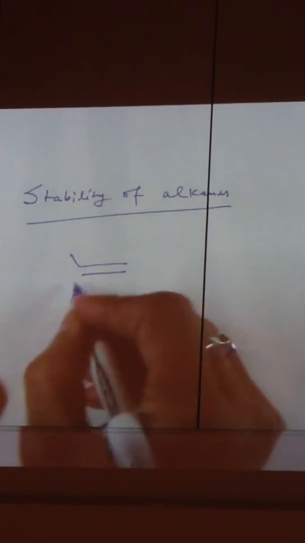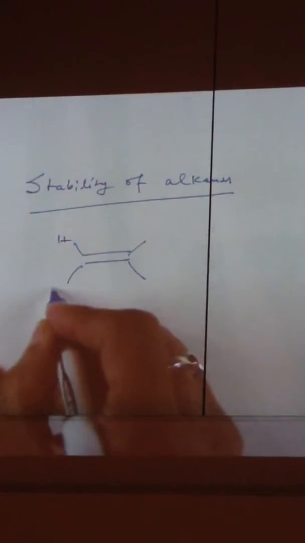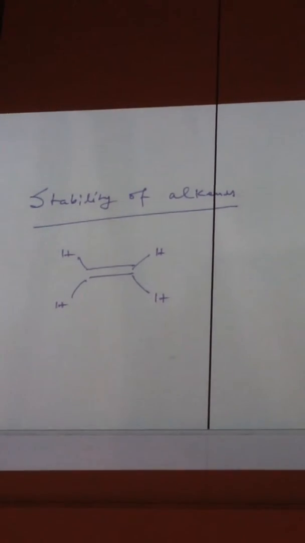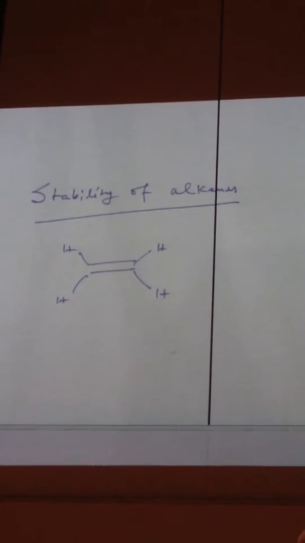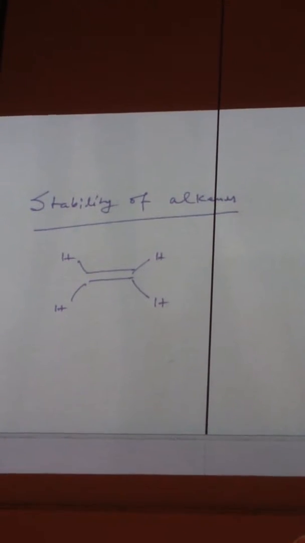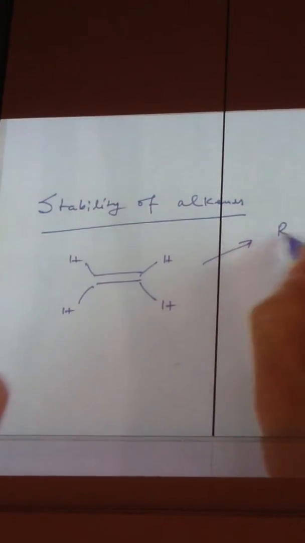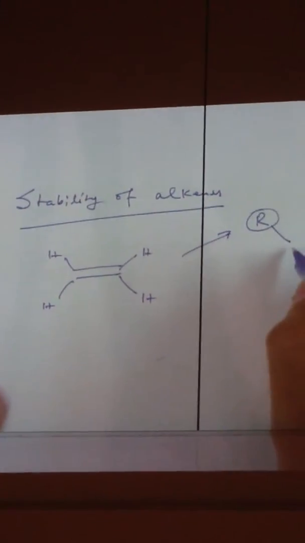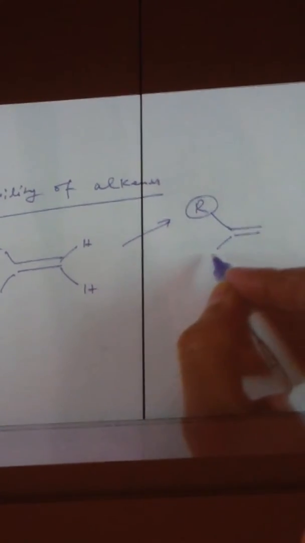So one of the things that happens is, let's say, start from this. The more substituted a double bond is with alkyl groups, the more stable it is going to be. So in other words, if you consider the alkene, you can put one R group here, which we'll call a monosubstituted double bond, because there's one alkyl group here.